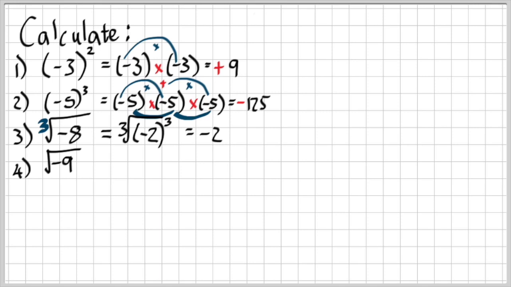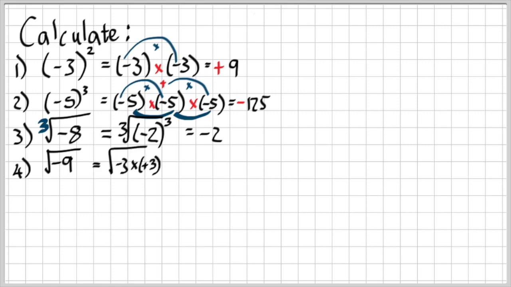Now I try to catch you out with a fourth one. This is going to open a can of worms for you in grade 11 and 12. If you are blessed enough to do further study maths, AP maths, alpha maths, there are so many different names that companies use, add maths, then this root of negative 9 you are going to come across a lot in grade 10, 11, 12, and especially when you get to university. Because we're sitting with a bit of a problem.